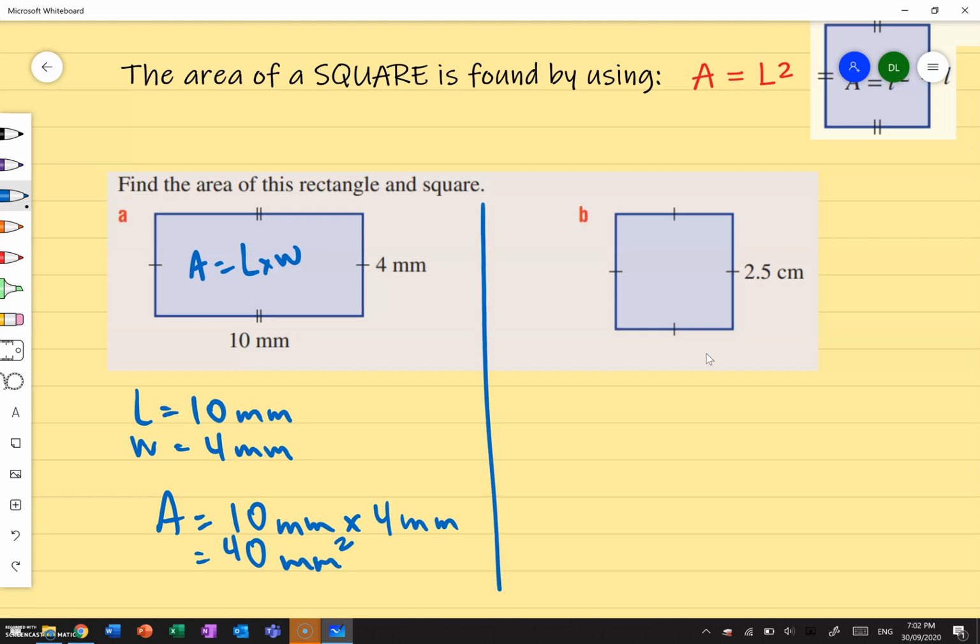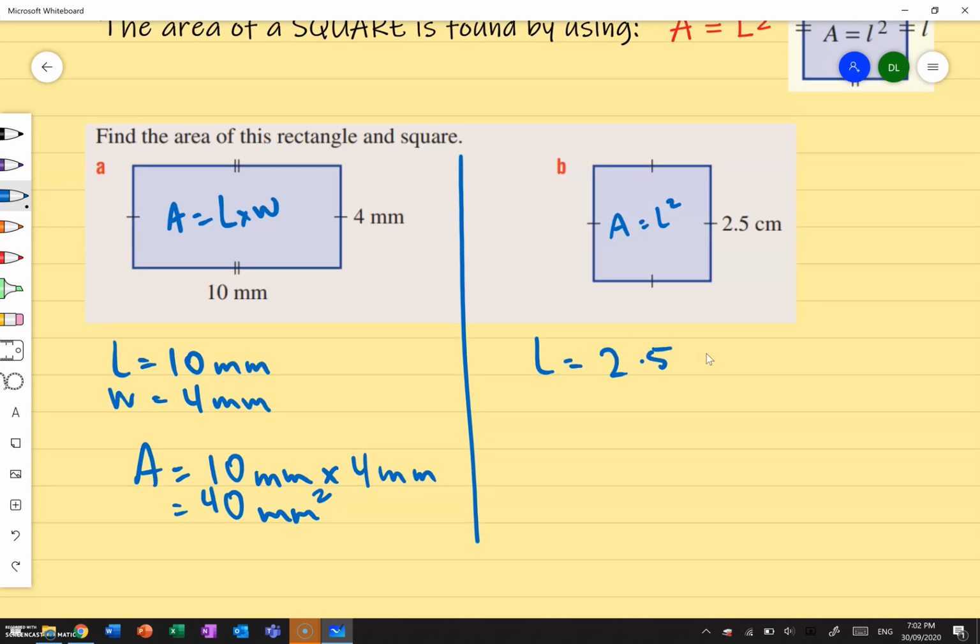Over here, area equals length squared. I know that length equals 2.5. So area equals 2.5 squared, because remember, length squared. I'm thinking to myself, what's 2.5 times 2.5?